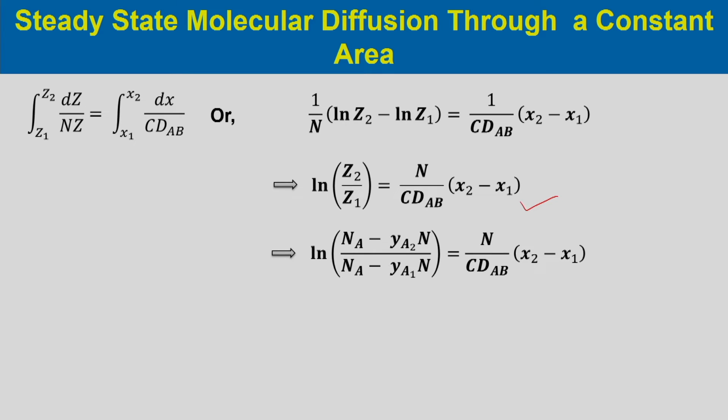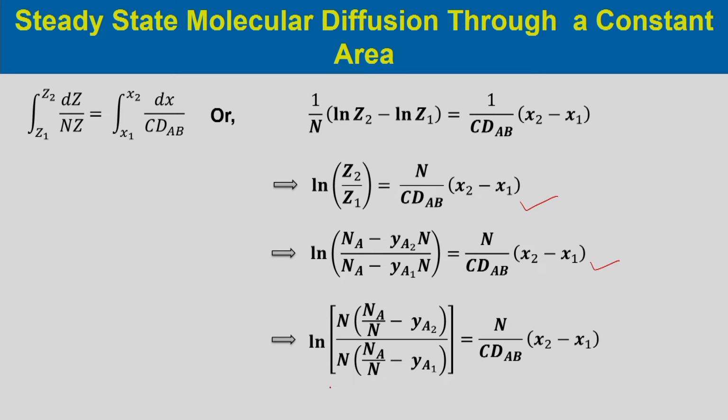Now, if we substitute Z at Z1 and Z2, it would be ln of (NA minus YA2 N) divided by (NA minus YA1 N) is equal to N by C DAB into (x2 minus x1).